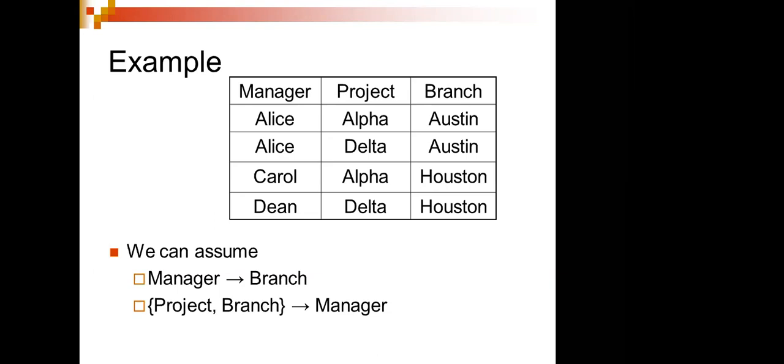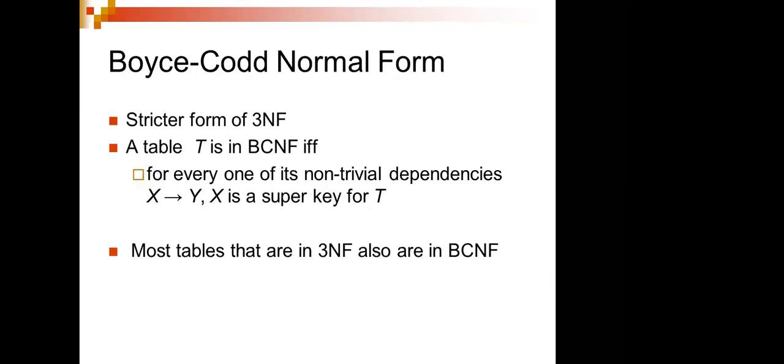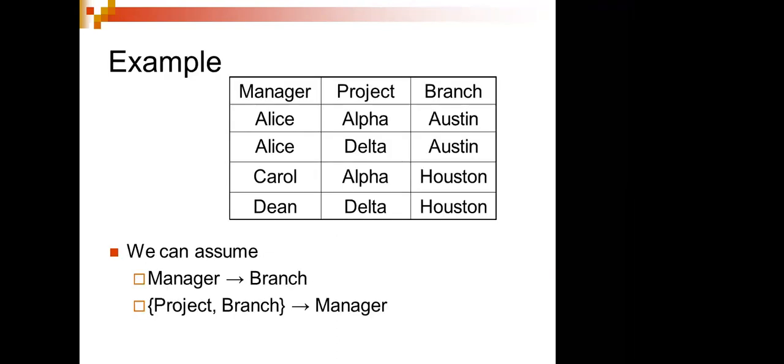So based upon this, the manager is going to work. Here X is project and branch, and Y is manager. In our case, if you see the previous example of X and Y, I'm saying super key. Here, project and branch depend on the manager.